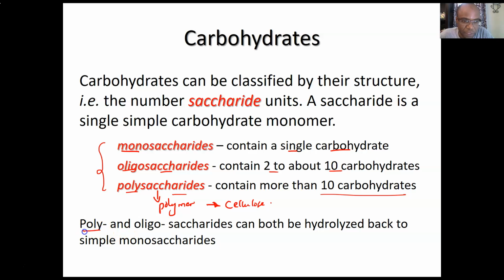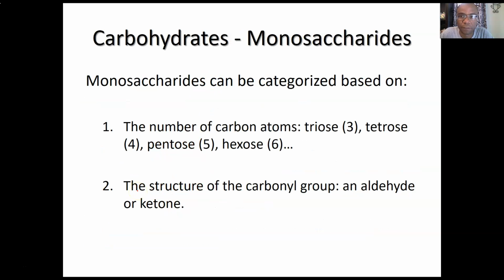The poly- and oligosaccharides can be broken down back to simple carbohydrates, what we call monosaccharides. The single units are called saccharides. If it's only one, it's mono. If there are 2 to 10, it's oligo. If the saccharide units are many, it's poly.